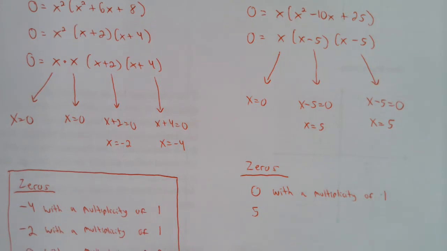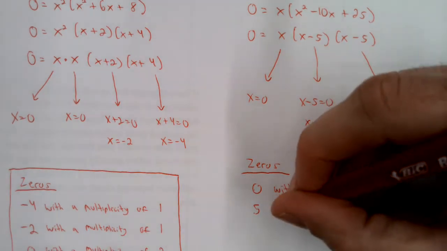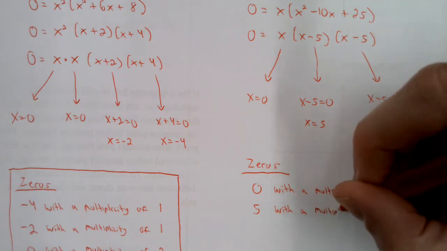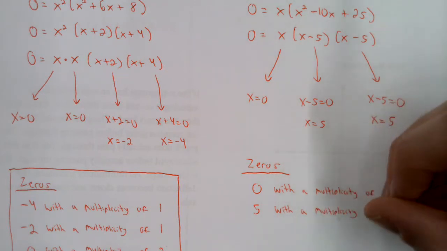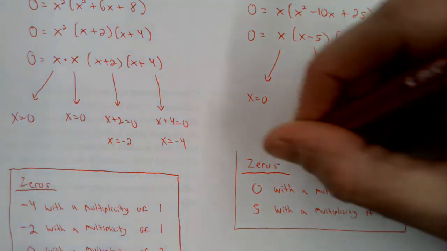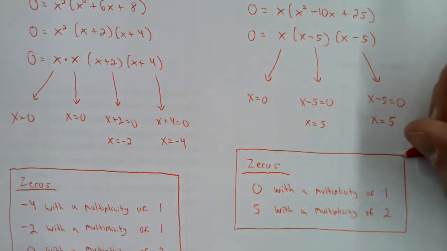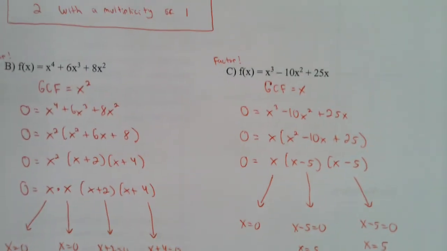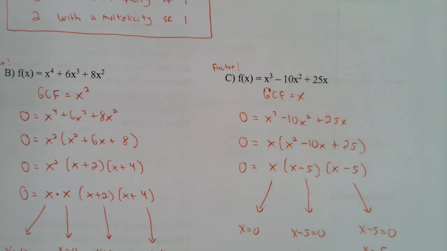And then 5 has a multiplicity of 2 because it occurs twice. Notice when you add up the multiplicities of 1 plus 2, you get 3, which equals the degree of that polynomial.